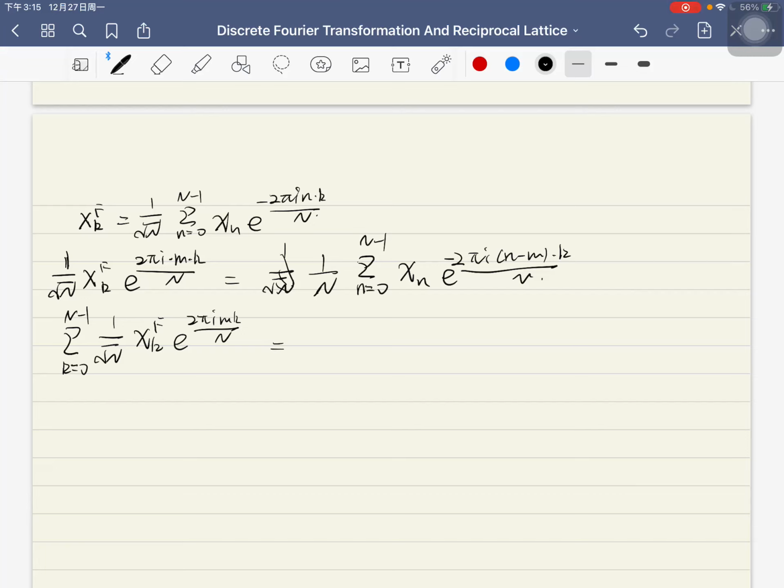And on the right, we can change the sequence of the summation, so it becomes the sum over n from 0 to N minus 1 of x_n times the sum over k from 0 to N minus 1.